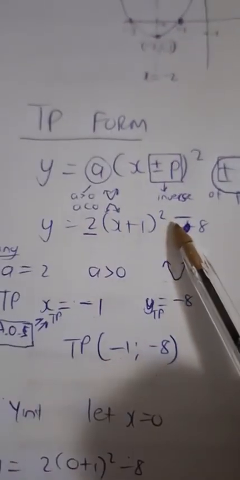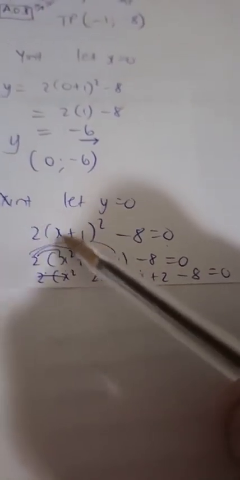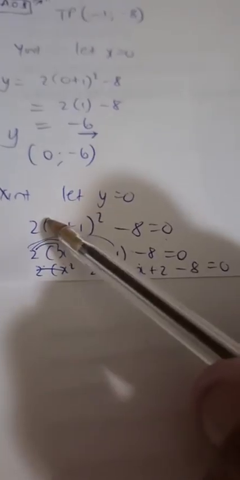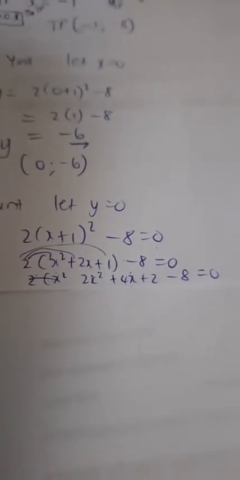Then we let y be equal to 0 in that same function, guys. Right? And just for convention, equal to 0 on the other side, so that we can solve for x. And please, guys, you know sometimes people butcher things here. (x plus 1), the whole thing squared, they apply the square to the x, they apply the square to the 1, and they think they are on the money.